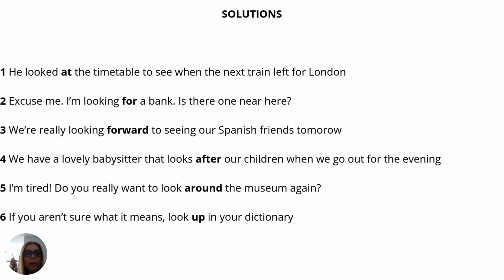Do you really want to look around the museum again? The meaning is walking around the museum. And number 6, if you aren't sure what it means, look it up in your dictionary. The meaning is search in your dictionary.